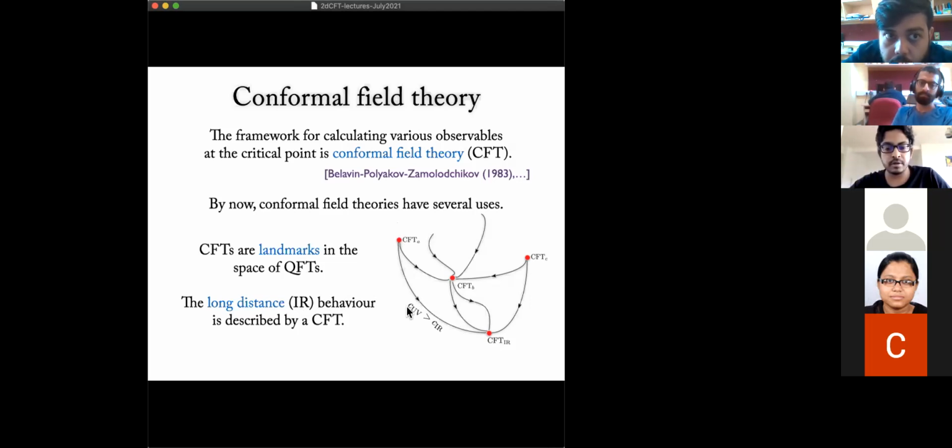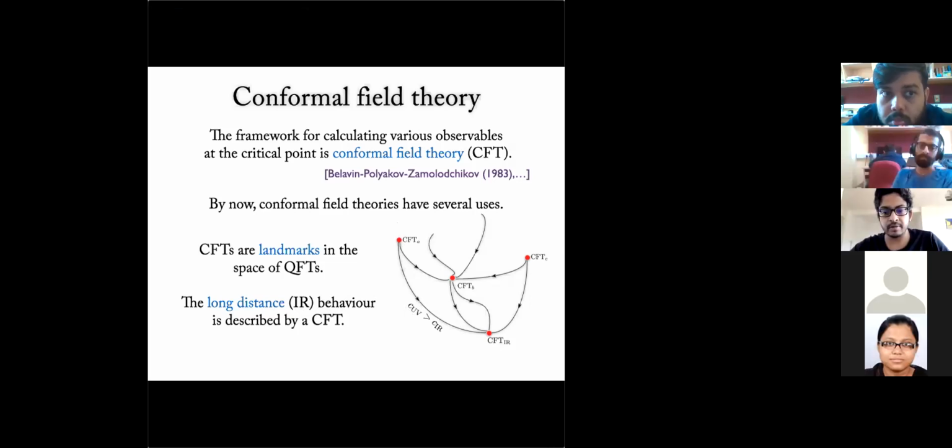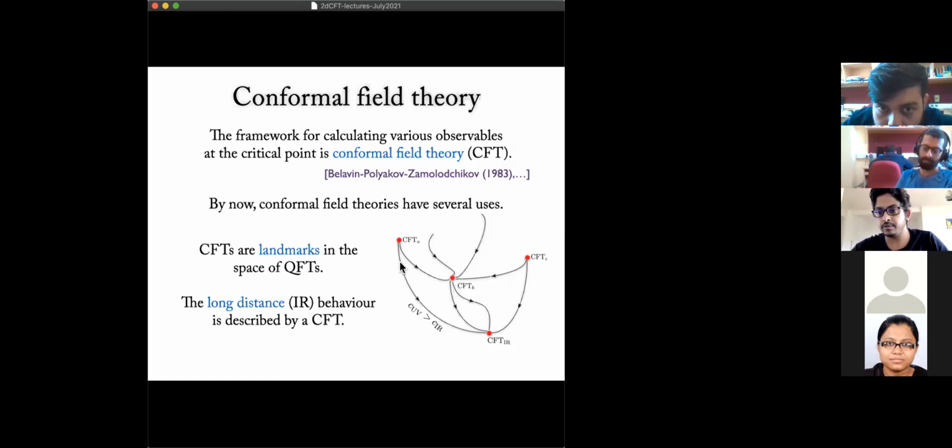And there are also theorems such as the C theorem. One can find C functions which monotonically decrease along the RG flow from the UV to the IR. And the C function at these fixed points takes the values of the central charge of the CFT description in the UV and in the IR.